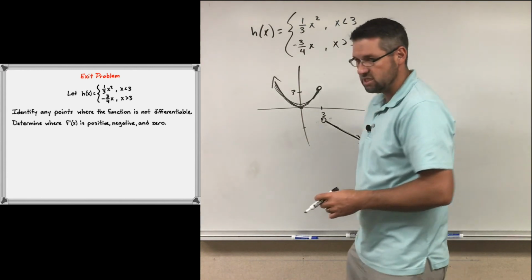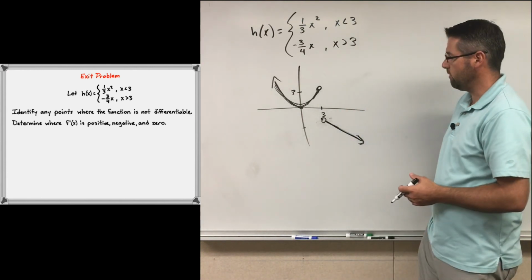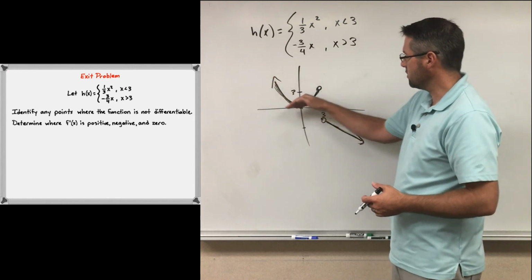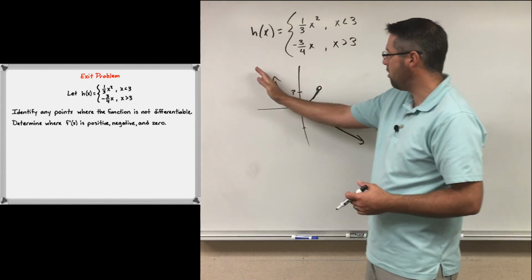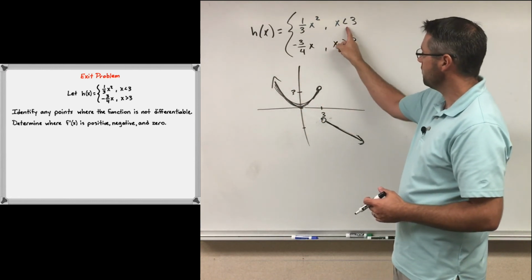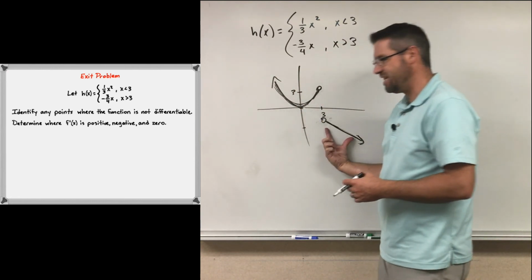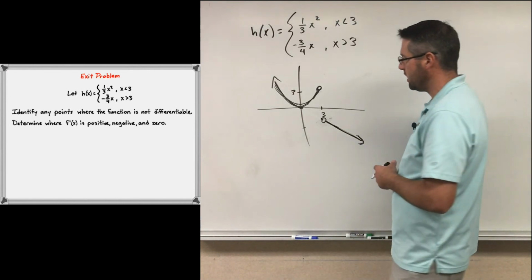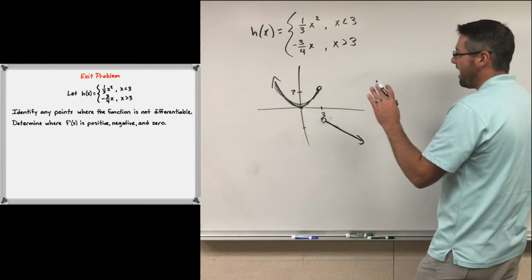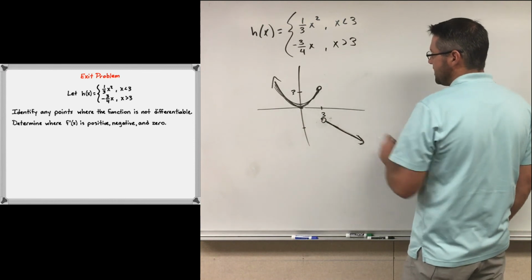So where is this function not differentiable? Well, this part of the graph looks smooth, and it doesn't go vertical because it's a parabola, so it's differentiable for all values within this interval. And since that's linear, it's differentiable there because it's locally linear. So we'd say it's differentiable everywhere except when x equals 3.